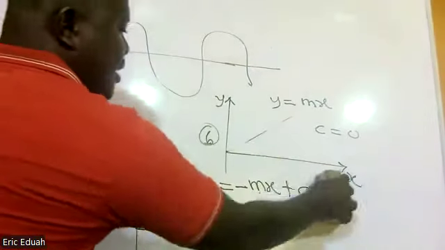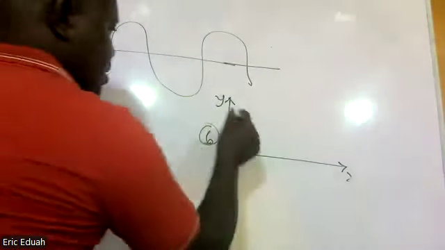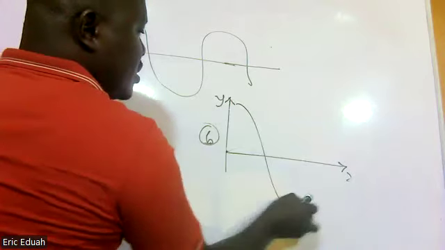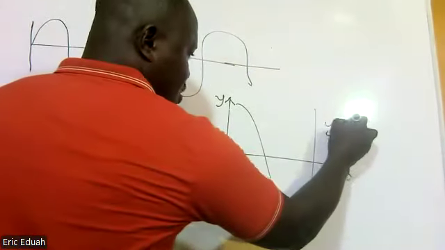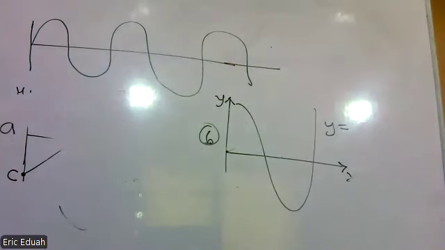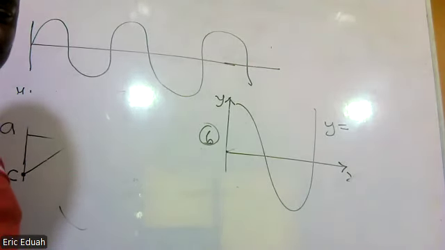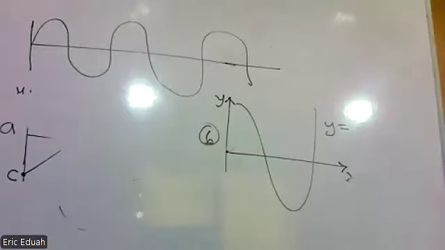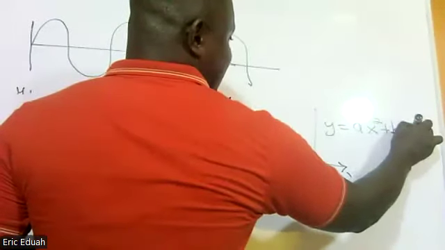Two, if we are talking about a quadratic graph, we have to draw something like this. And y is equal to, what's the equation? Y is equal to ax squared plus bx plus c.